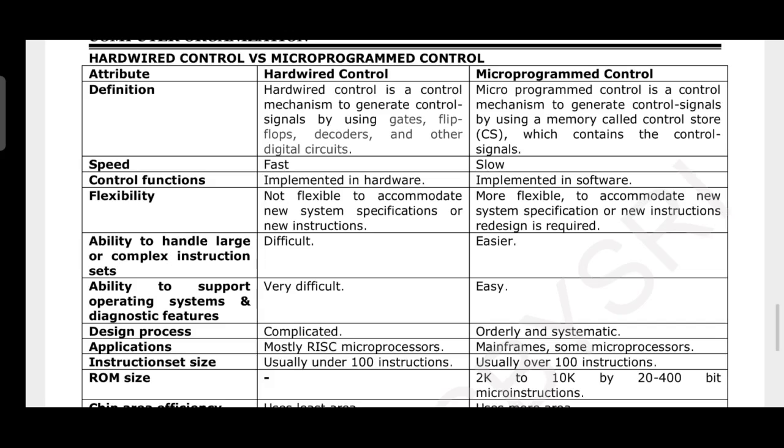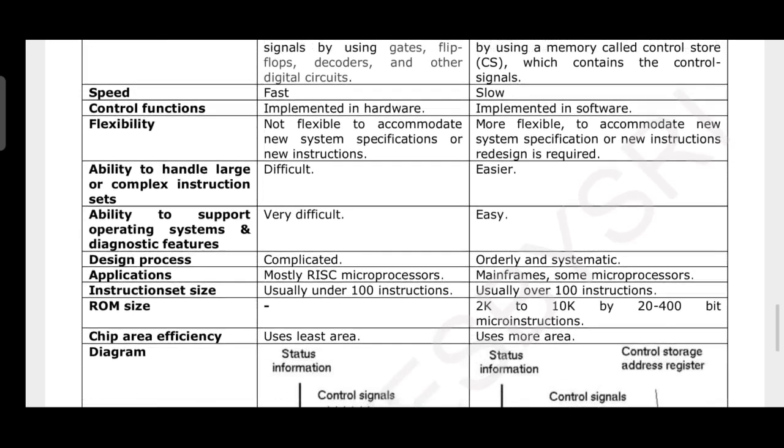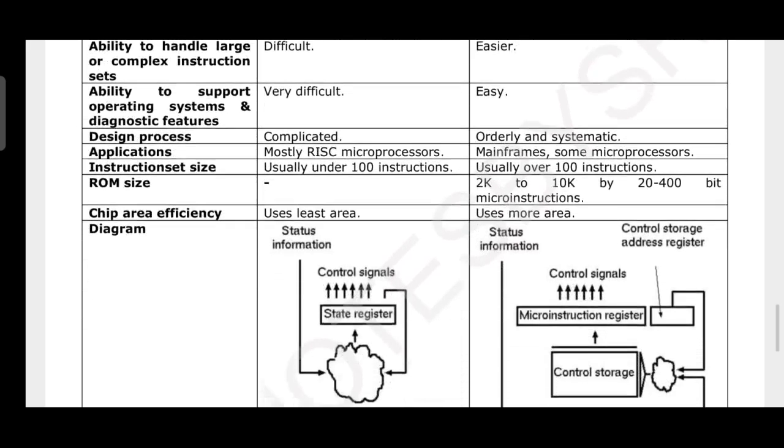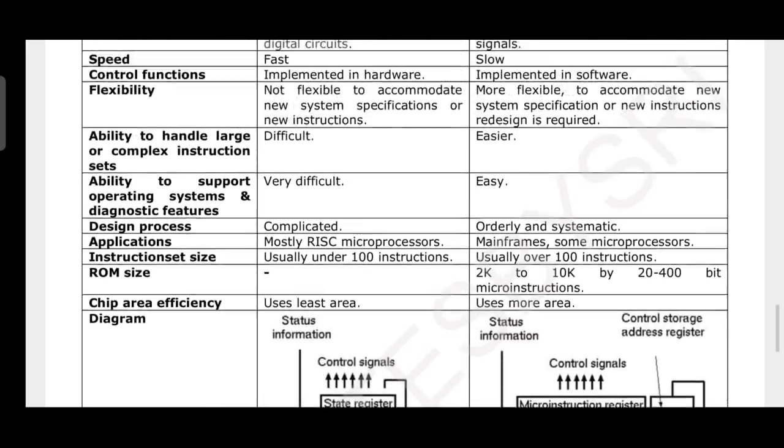But in microprogrammed control, the operation is slow because it totally depends on software. Whereas in hardwired control, the computation is fast. Microprogrammed control is implemented using software, whereas hardwired control is implemented using hardware or chips. Other differences you can just go through.